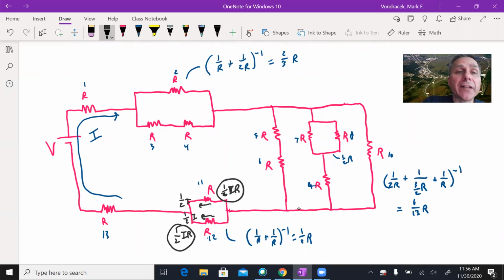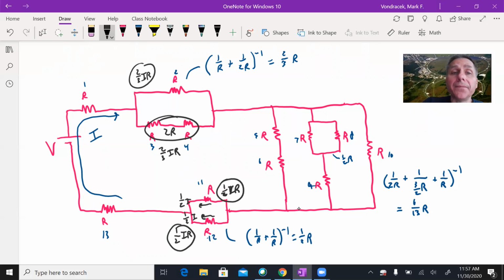If we do it on the top one up here, each of these is at 2/3 IR for the voltage. Now, the bottom branch, I'm going to think of these two together as just a single resistor of 2R. And the voltage of that resistor is 2/3 IR. Now divide these out.